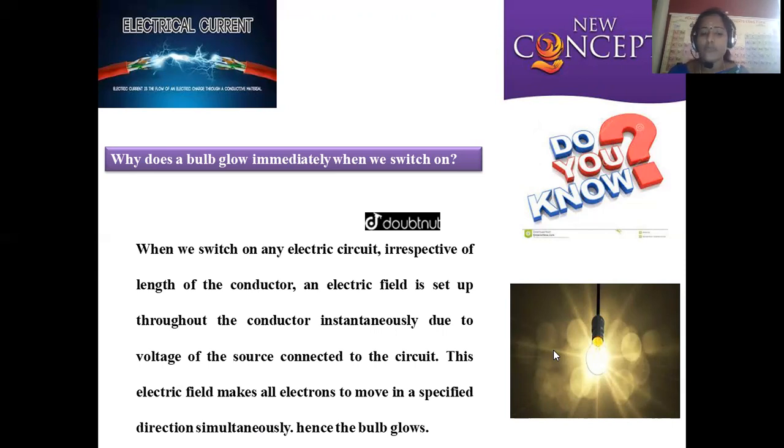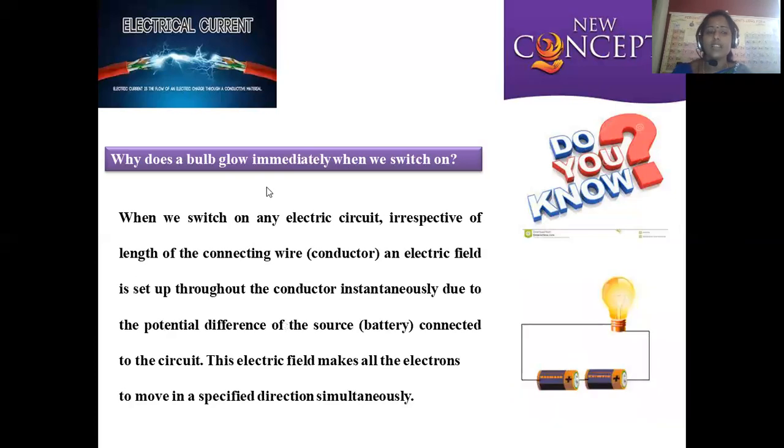In order to make the voltage equal, electrons will move in the stipulated time, so that illumination of the bulb is possible spontaneously, even within a fraction of a second, irrespective of the length from source to destination. So that's the reason why immediate glow of the bulb is possible when we switch on the light.